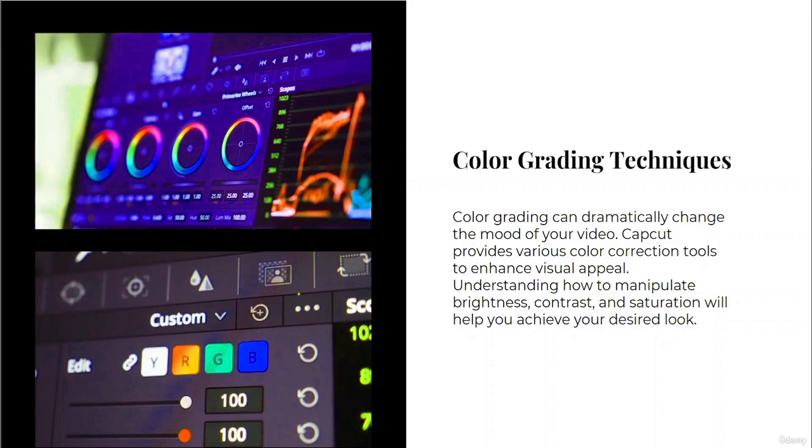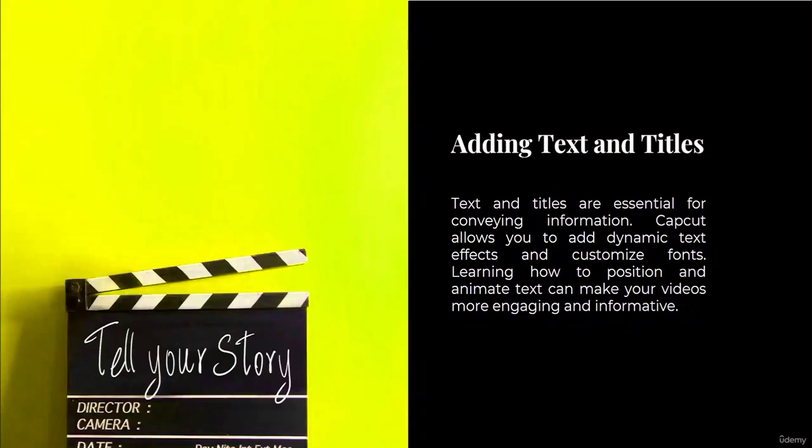And the next thing we are going to learn throughout this tutorial is adding text and titles. So once you put up a video and let's say you do have an intro for something, okay? Intro for a vlog. So there you want to put out the title or you want to put out the name of the page and stuff.